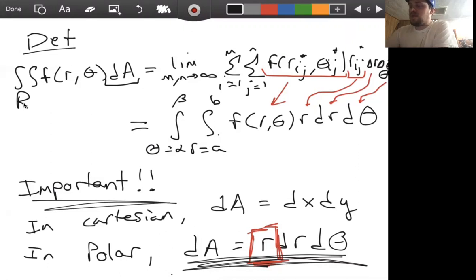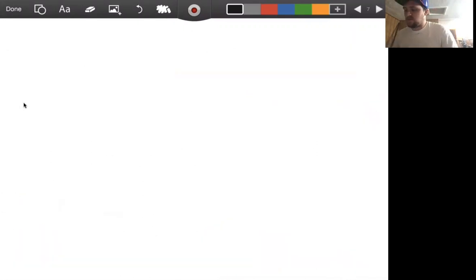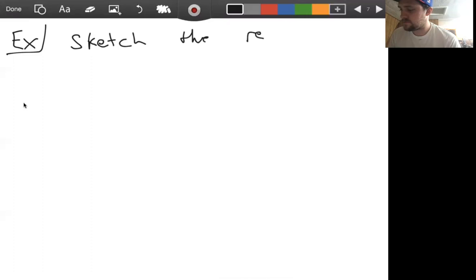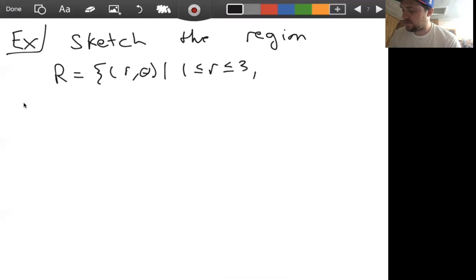Now that we've seen that, let's do a handful of examples. And so the first example I want to do is just to get familiar with polar regions. So not even integration. So let's sketch the region R given by points r and theta such that r is between 1 and 3, and theta is between 0 and pi.